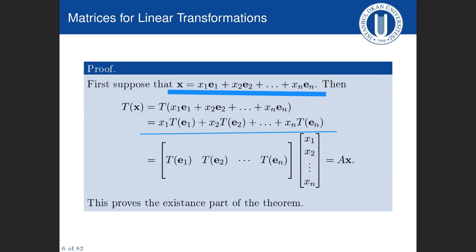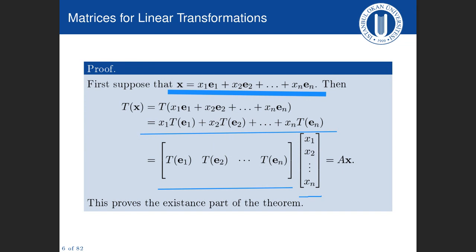So we exactly get the matrix that the theorem said multiplied by x. We exactly get the matrix where the first column is T(e1), the second column is T(e2), and so on. This proves the existence part of the theorem. This proves that this matrix always exists.